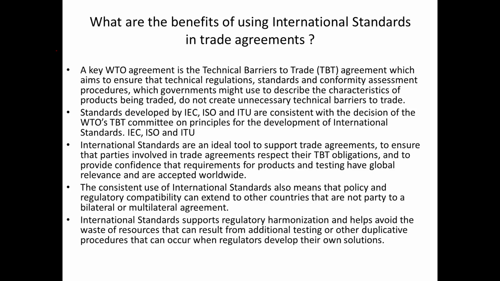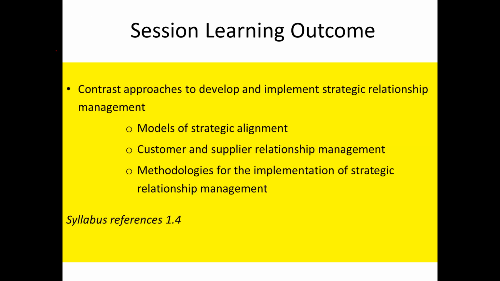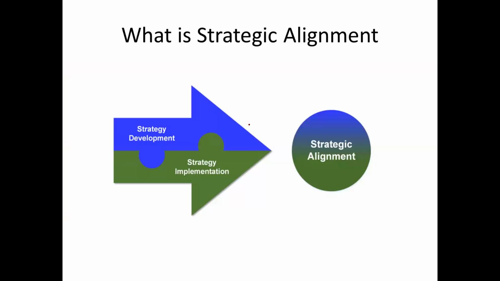Now we're on to 1.4, and the strategic alignment rhubarb, which is interesting to say the least. Right, so Steve's losing his notes page. There we go. So, what have we got here? We've got what is strategic alignment?